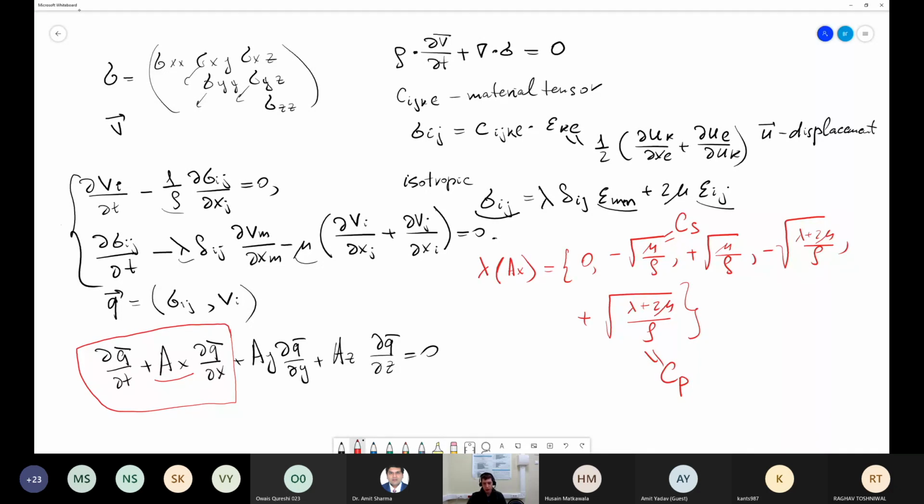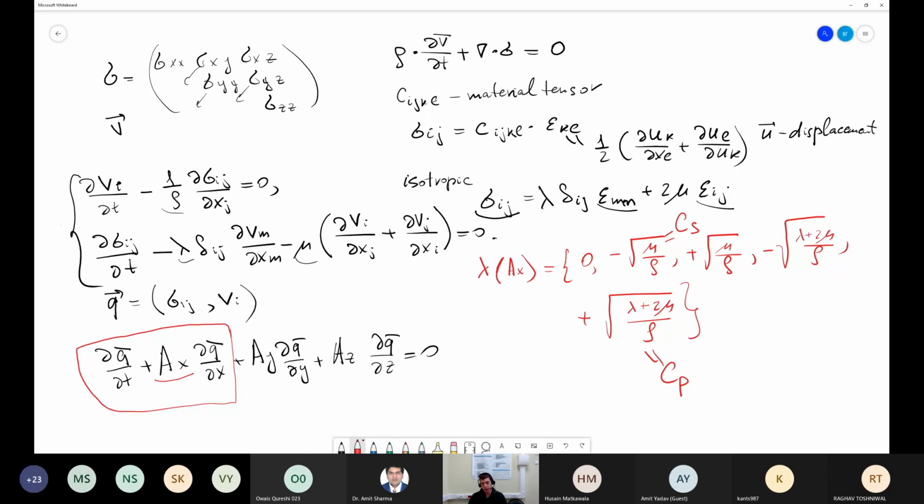So what I have to say, just a couple of words. Now we will stop at these trivial cases when we have isotropic linear elasticity theory.